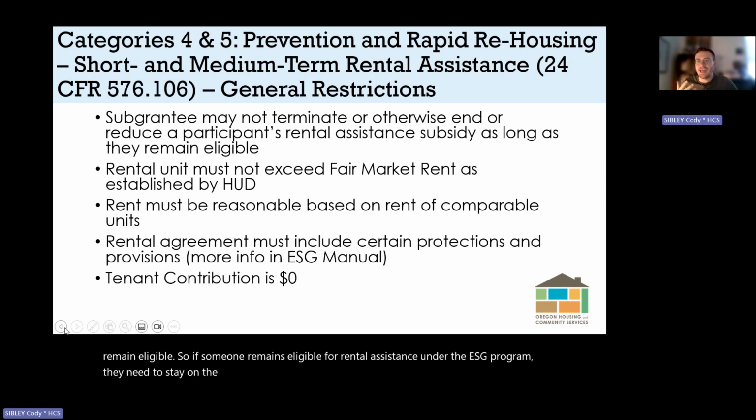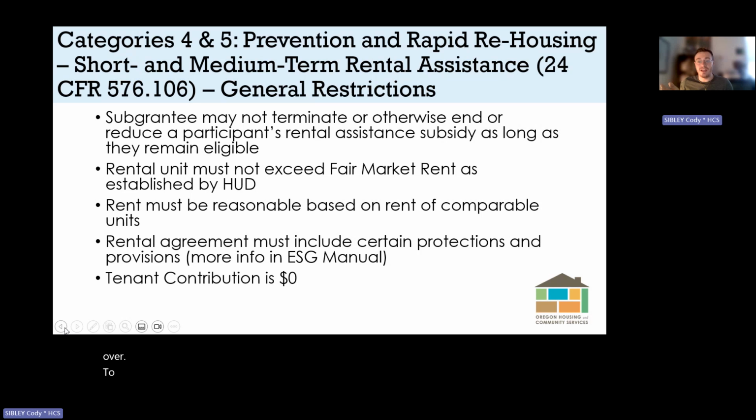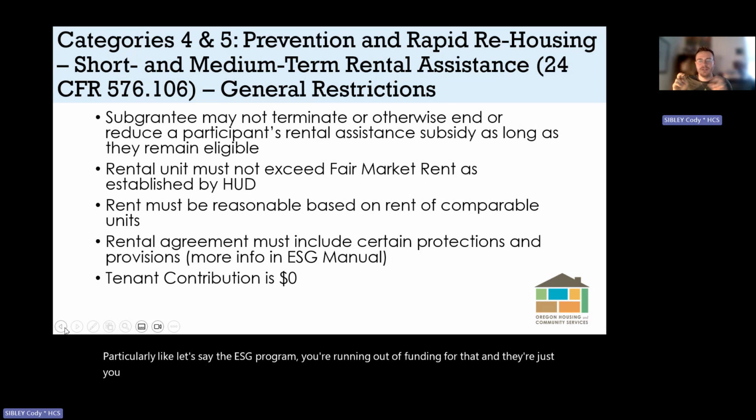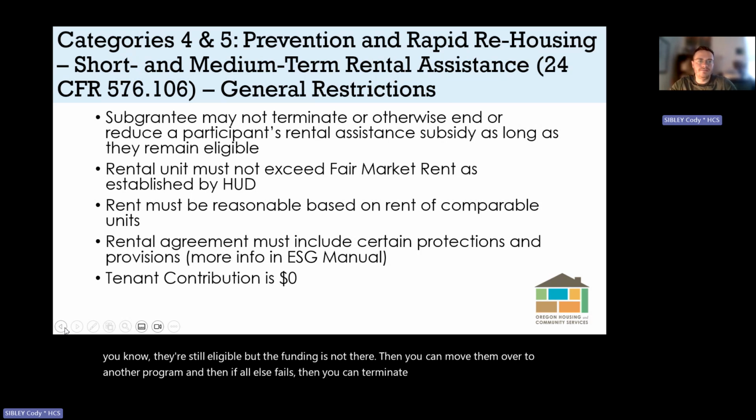There is a caveat that if you need to move them over to another funding stream, that's fine. Let's say you're running out of ESG funding and they're still eligible, but the funding's not there, then you can move them over to another program, and if all else fails, then you can terminate their assistance.